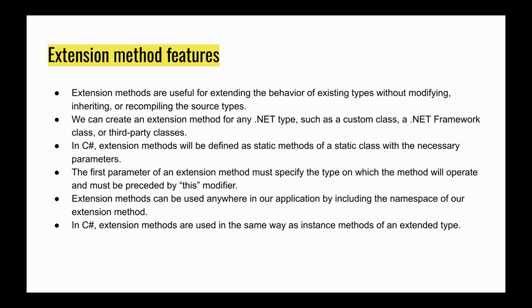Extension methods will be defined as static methods of a static class with the necessary parameters. The first parameter of an extension method must specify the type on which the method will operate and must be preceded by this modifier. Extension methods can be used anywhere in our application by including the namespace of our extension method. Extension methods are used in the same way as instance methods of an extended type.